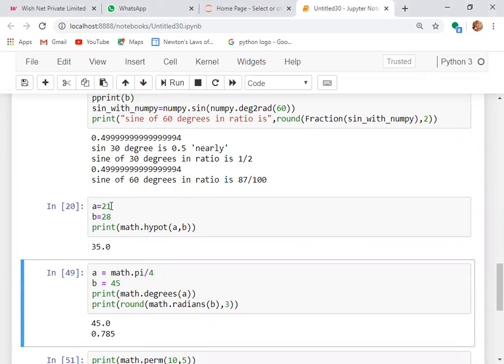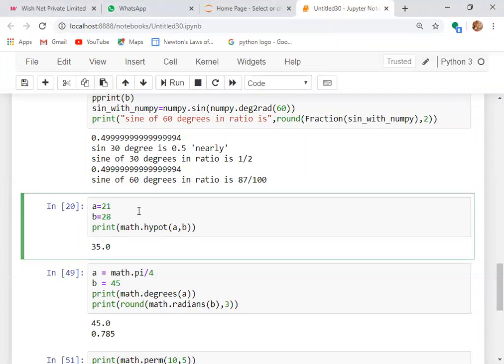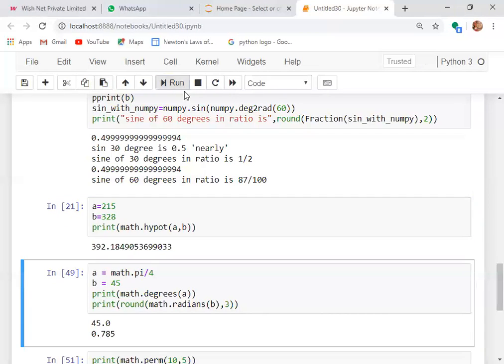But if you don't know these Pythagorean triplet values, so if it is 215 and if it is 328, then what can you say? What will be the value of the hypotenuse? So let's run it. It will be a float number and it is 392.184.